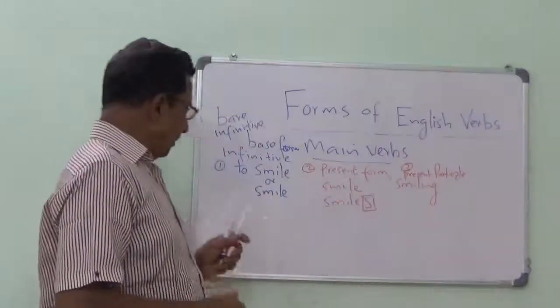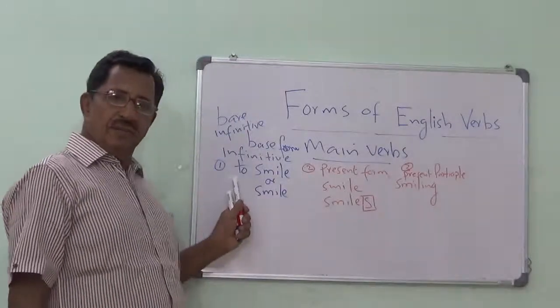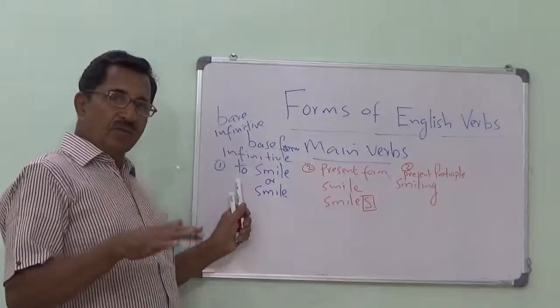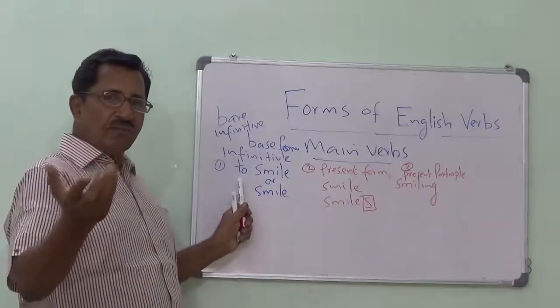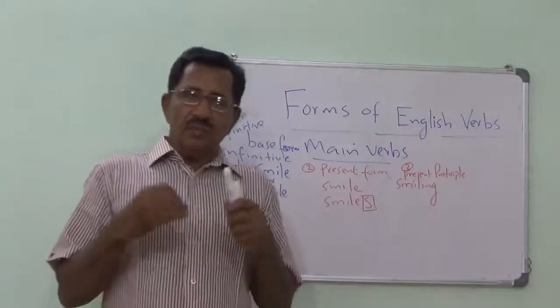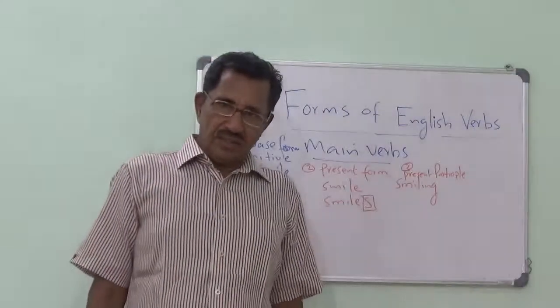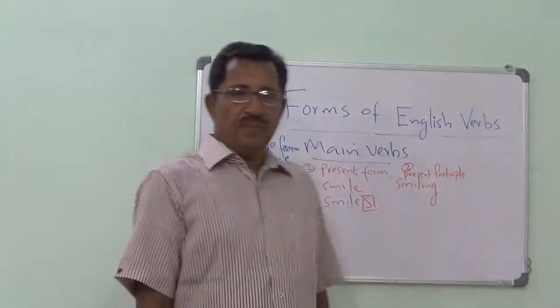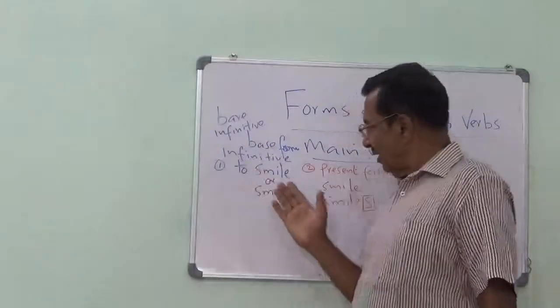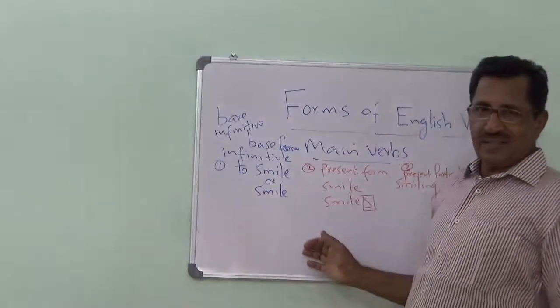So starting with, first is the infinitive. You can write it with to or without to. If you are using it without to, it is called the bare infinitive. Understand? And then you have got the second form of the verb, that is smile and smiles.